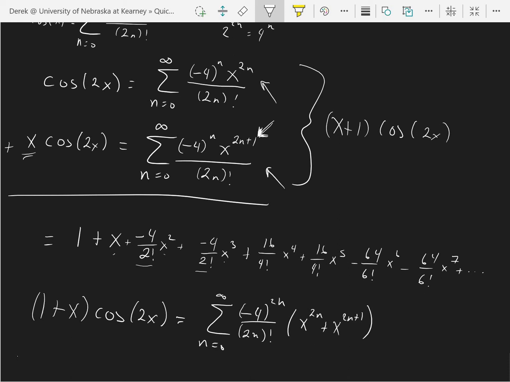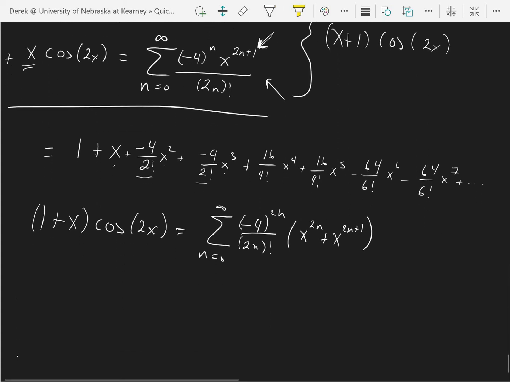And that's not in sort of formal power series form, but it's probably a more useful form than trying to figure out what floor function I have to use on my exponents and things to get this nicely.